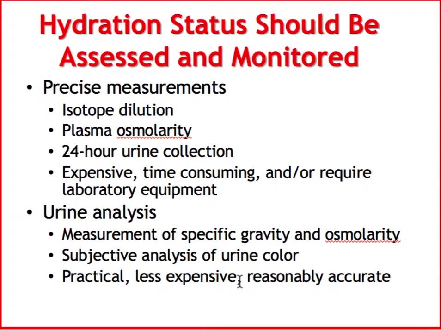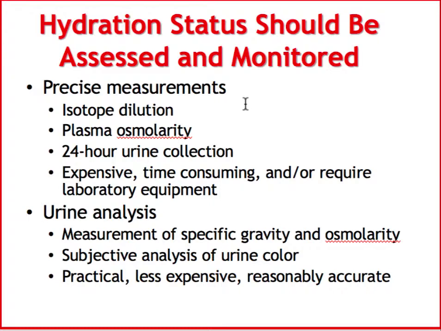So it says hydration status should be assessed and monitored. And I'm laughing because although your textbook is very good, there is more recent research that's come out, and so I'm going to modify this section.